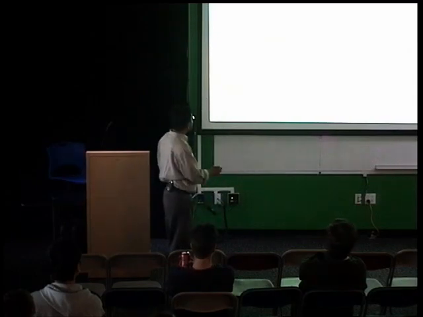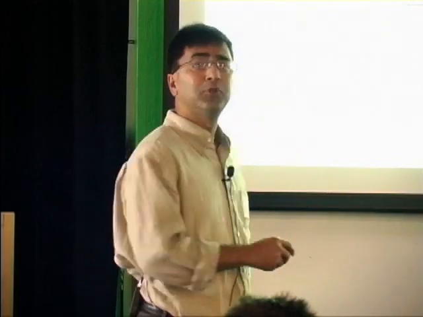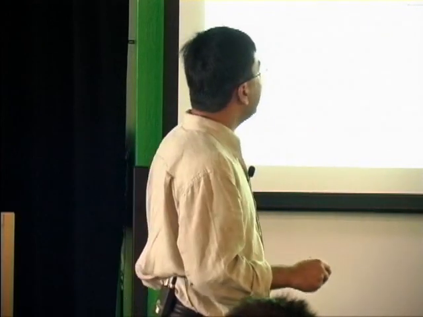So the most extreme case is about 2%. In other words, all the increments that we added to collect software metrics changed the dynamic instruction count by up to 2%, and oftentimes by much less.